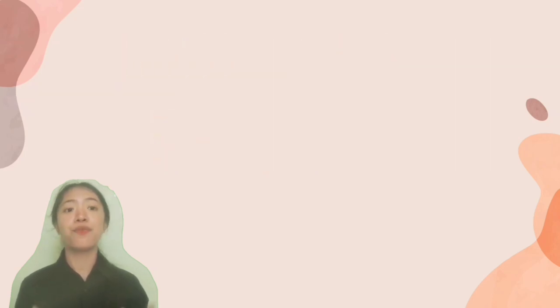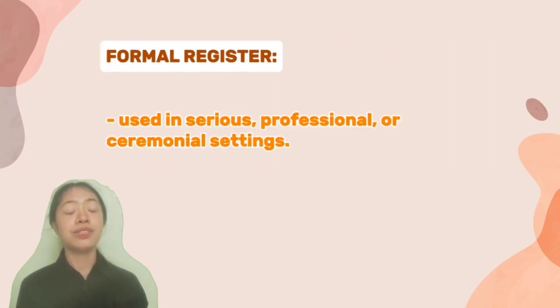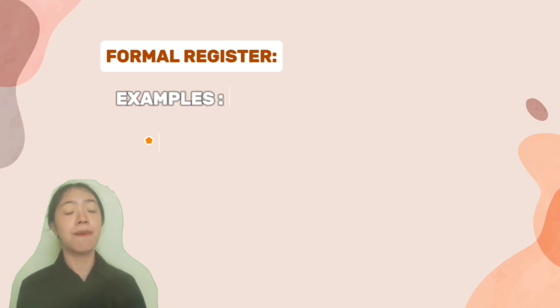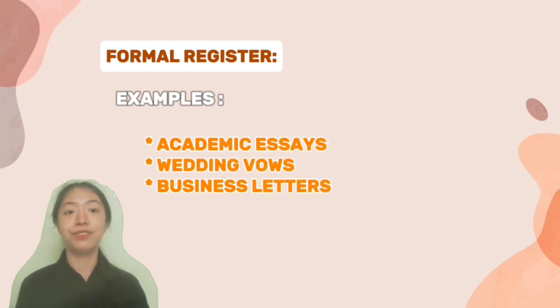When we say formal register, it is used in serious, professional, or ceremonial settings. It is characterized by the use of complex syntax, precise vocabulary, and a lack of contractions or colloquialism. Here are some examples of formal registers.